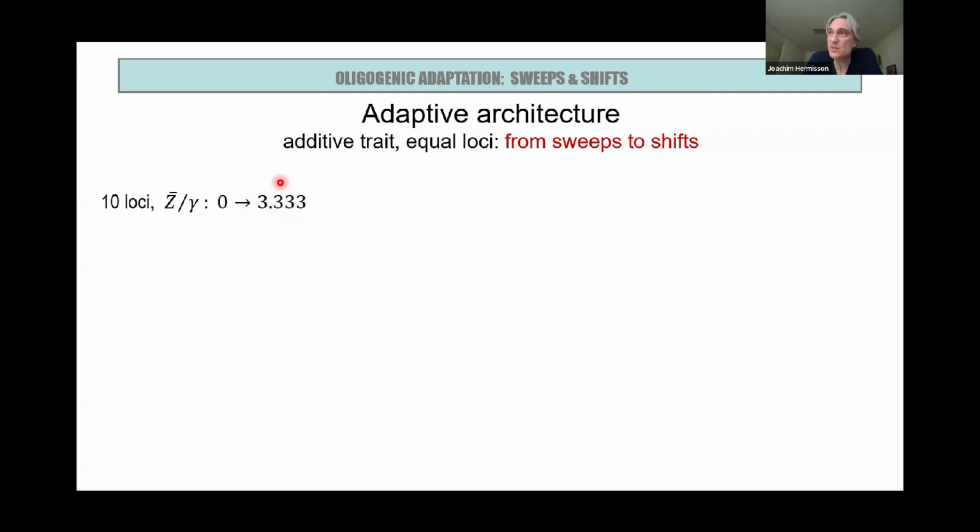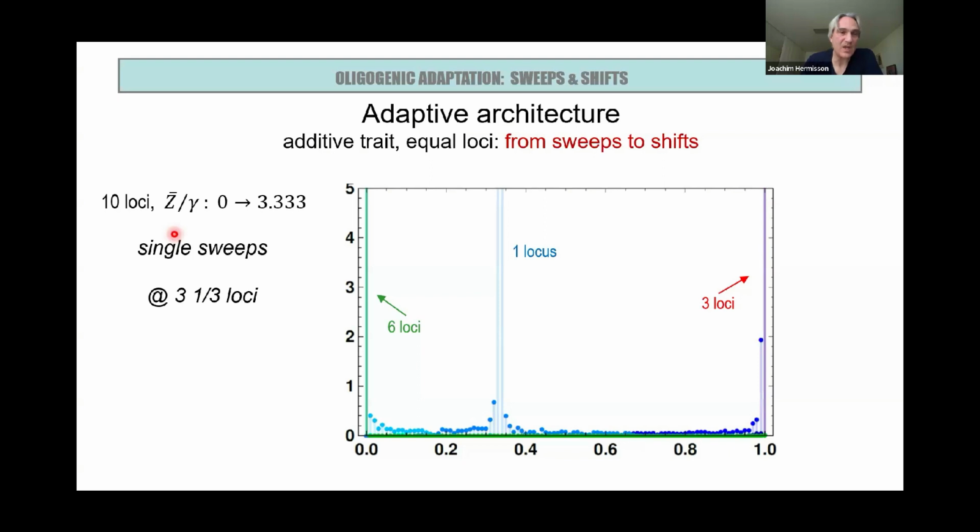That means 3 1/3 mutational steps are needed, and then we stop these simulations and see where our allele frequencies are. For example, one figure that can occur here is something like this.